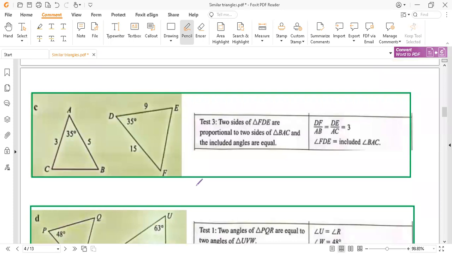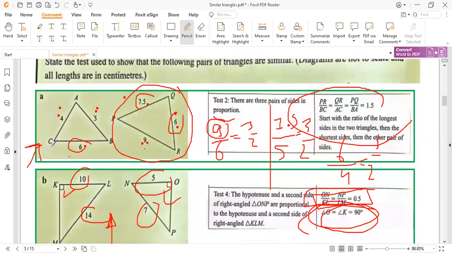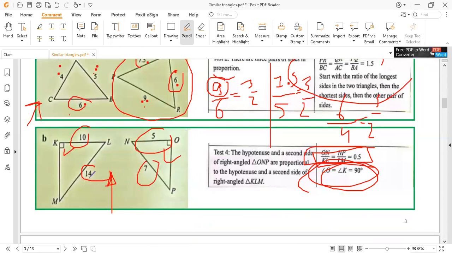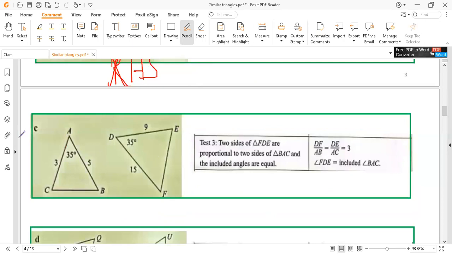In the third case, we have side angle side. We have sides in proportion, where the angle is included between the two corresponding sides.